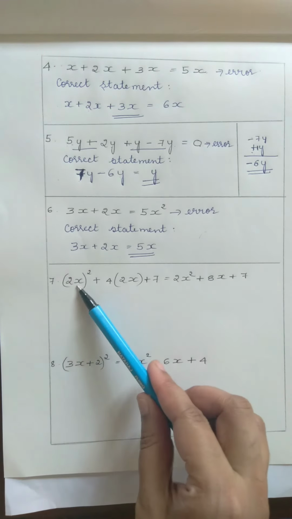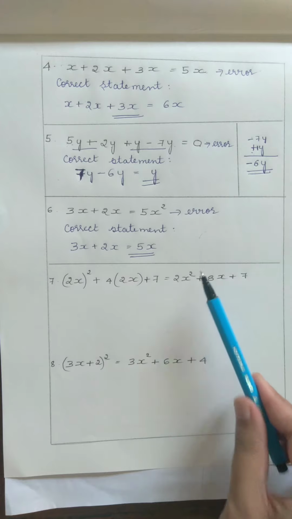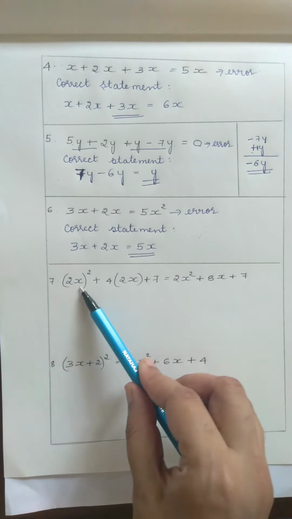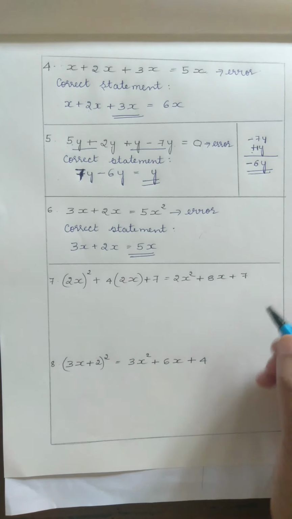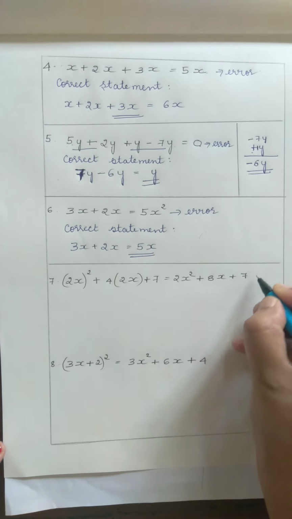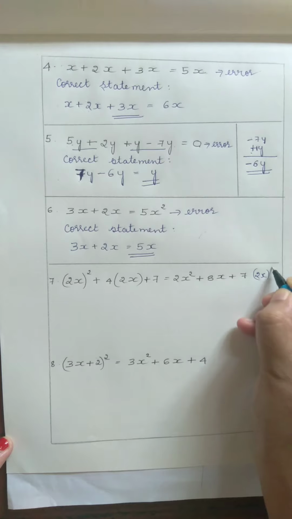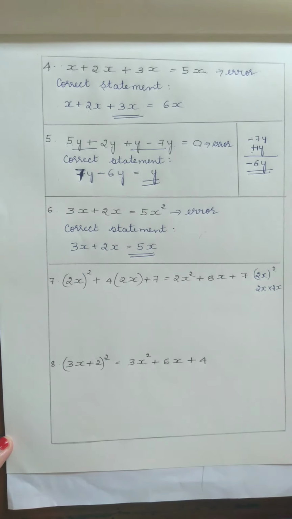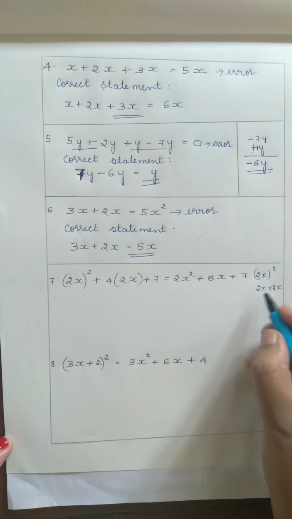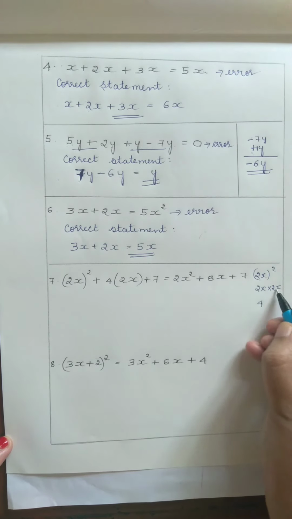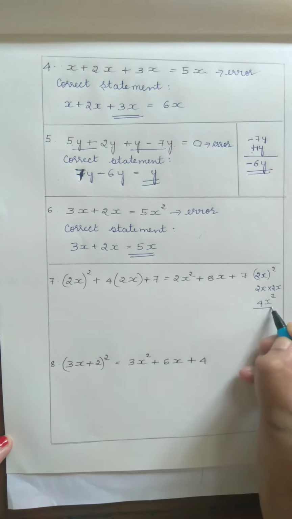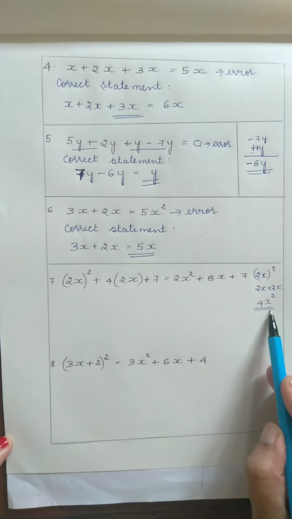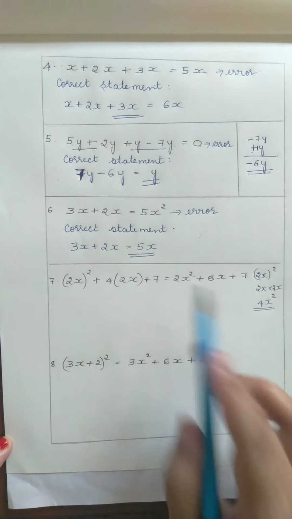So 2x whole square is given as 2x square, but it is an error. 2x whole square means 2x into 2x. Therefore, 2x into 2x, 2 2s are 4, x into x, it will be x square. Therefore, 2x whole square is equal to 4x square, not 2x square.